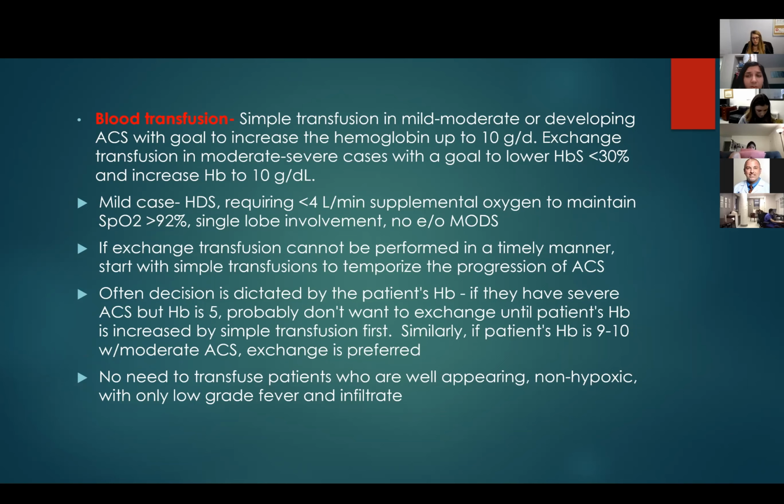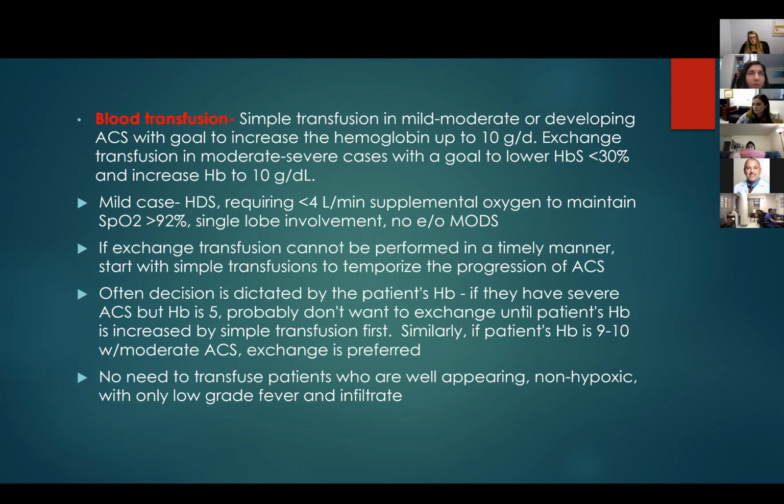And the other thing that factors into this is their hemoglobin. So if they have severe ACS, but their hemoglobin is 5, you don't really want to exchange them until their hemoglobin is higher than that. And you achieve that by using simple transfusion.